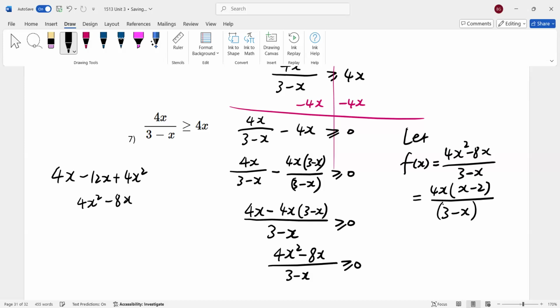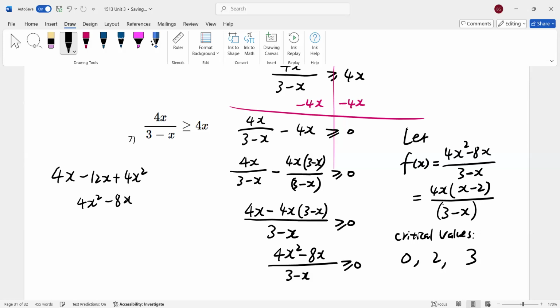And now let's identify the critical values or critical points. 0 is one, right? 2 is another, and 3. Do you agree, guys? The numerator has 2 roots. They are 0 and positive 2.